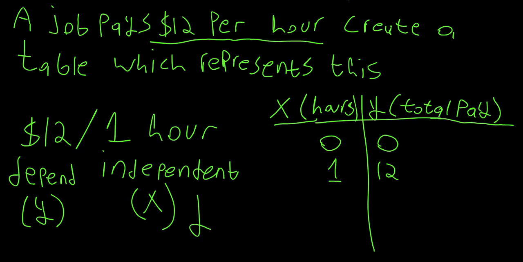And remember, Y equals 12x. Okay? That's how I'm solving this. So Y equals 12x. So when we have 2 hours, Y equals 12 times 2, so 24. All right, then when we have 3 hours, Y equals 3 times 12, which is 36.